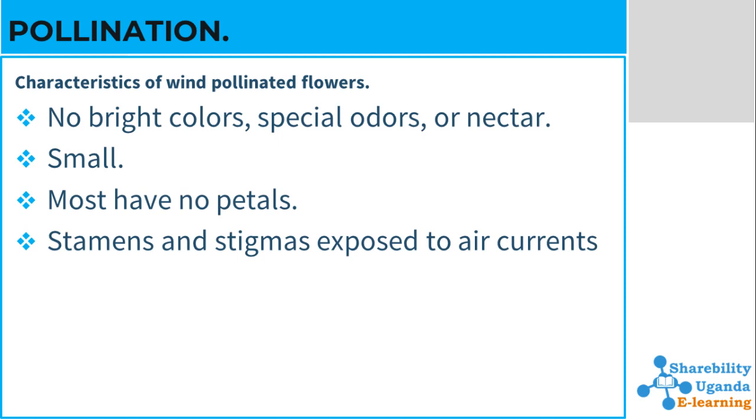They are mostly self-pollinated. These flowers don't attract the agents of pollination, which are animals and insects, and most especially insects. They don't attract insects because they don't have bright colors and they don't have special odors.